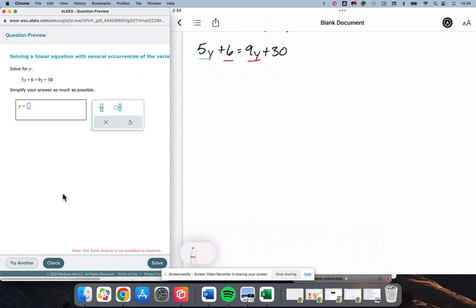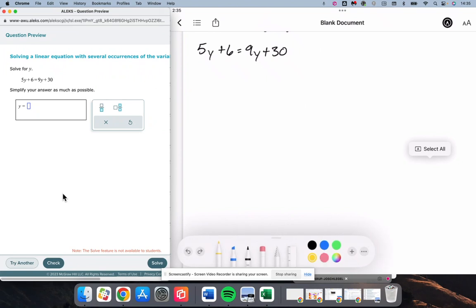I could choose to subtract 9y. I could choose to subtract 30. Any of those options are okay because anything that we do to an equation, as long as we do it to both sides, is totally fine. Again, I like dealing with positive numbers whenever possible and not negative numbers. So I'm not going to choose to subtract 30. I'm going to choose to subtract 6.